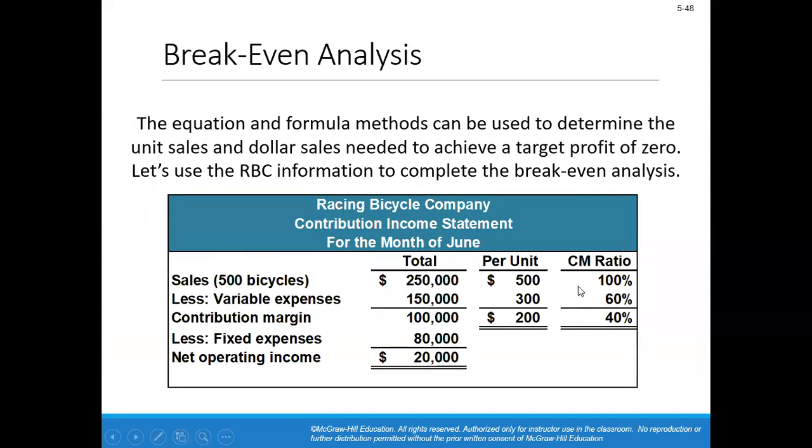Now, break-even analysis. We have seen the break-even in terms of some figures in the previous class. Now, we would like to show the break-even by doing some calculation, by looking at some equations, or by using some formula. Okay.